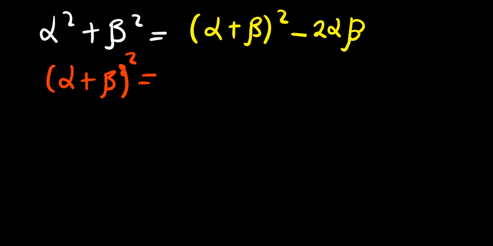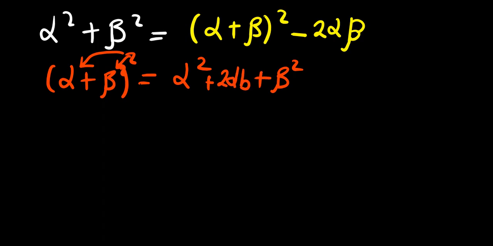You are going to multiply alpha by alpha, so you have alpha squared. Again, you're also going to multiply beta by beta, so you have beta squared. Then in the middle you have 2 alpha beta, plus, like that.